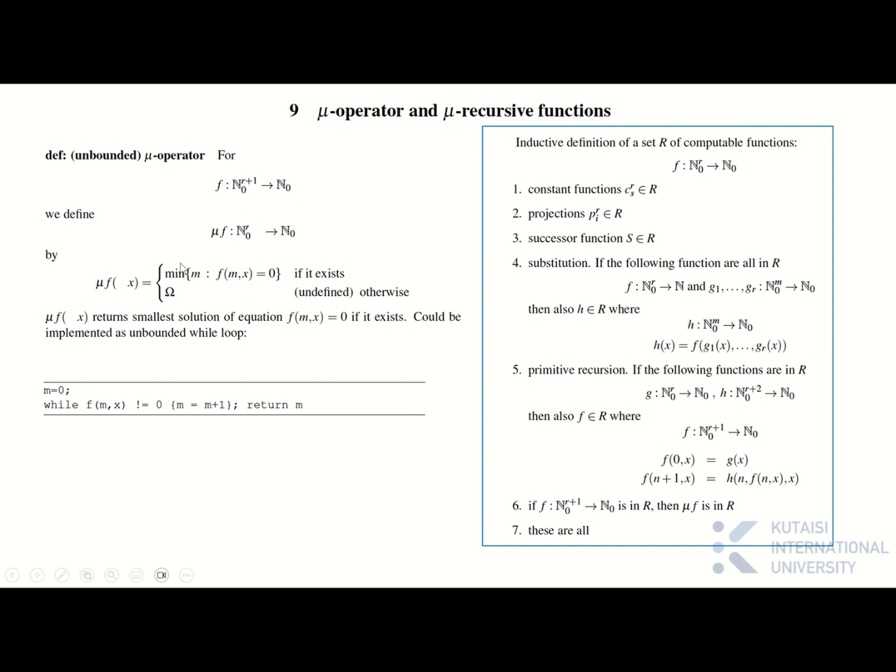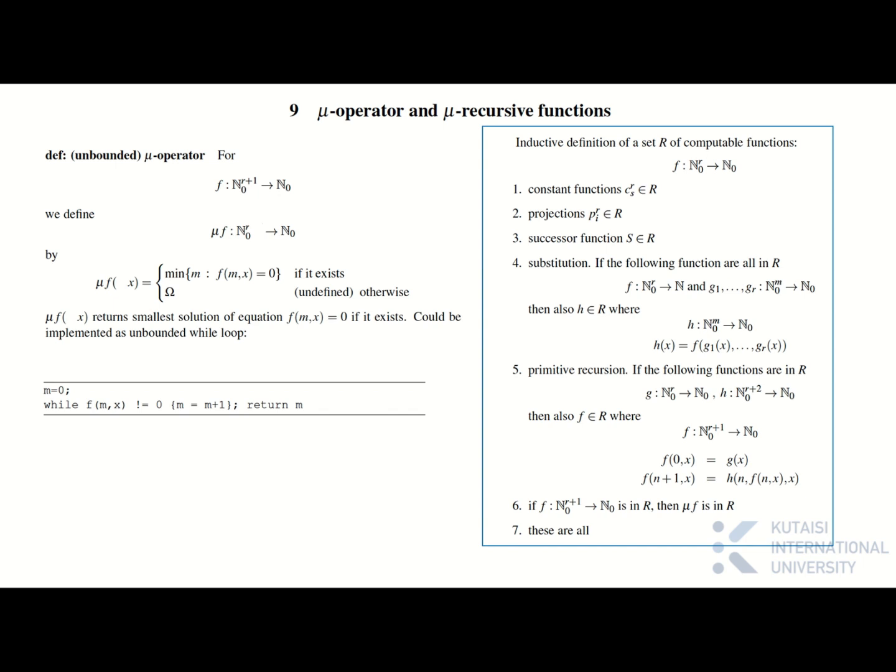So clearly, if I define my primitive recursive functions as total functions defined everywhere, and I introduce mu, clearly I added some new functions that are not total. But this is not the reason. This is what I want to stress very much. You could have initially considered primitive recursive functions that are not defined everywhere, and still added the mu operator, and it still would have enlarged the class.